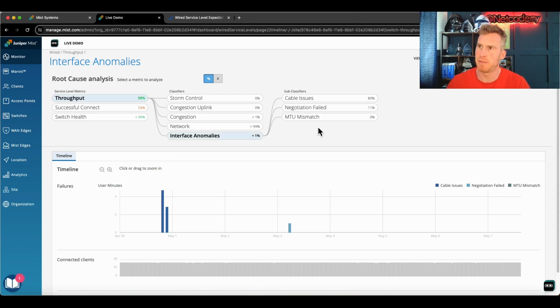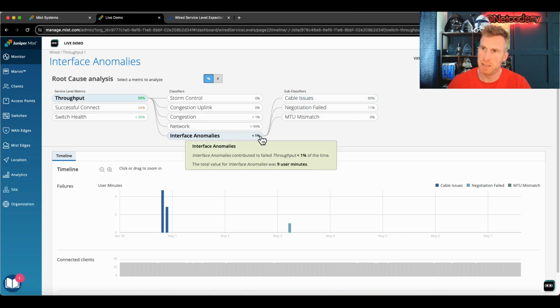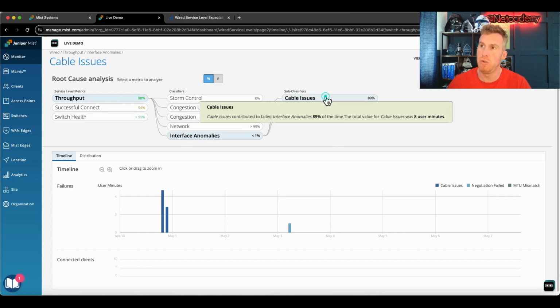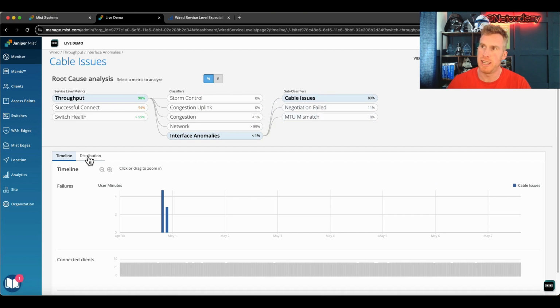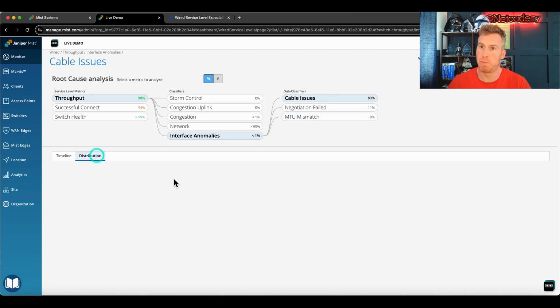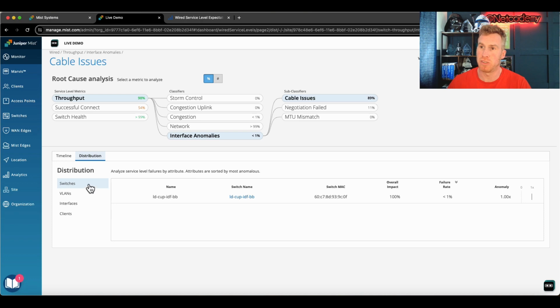But these sub-classifiers are further defining that 89% of that less than 1% of that missing 2% was due to cable issues. And again, just select here under distribution, and we will now be able to see what switches, what VLANs, interfaces, and ports those cable issues, those layer 1 physical issues are actually on. That is the Mist AI service level expectations for wired assurance.